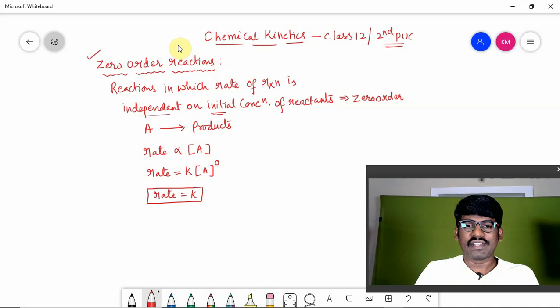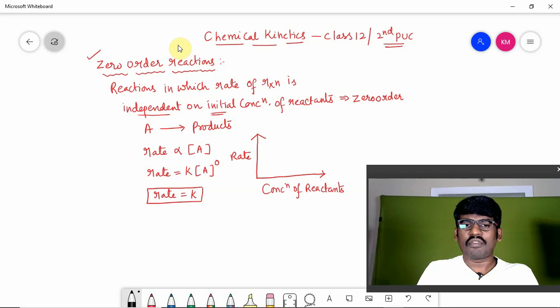So your rate is equal to K, so rate is independent of the concentration of the reactants. Sometimes they may ask you to draw the graph between rate of reaction and concentration of reactants. Can you expect what graph we are going to get?